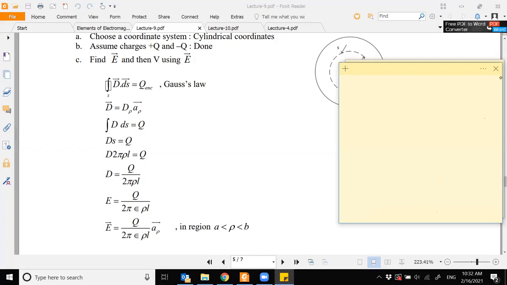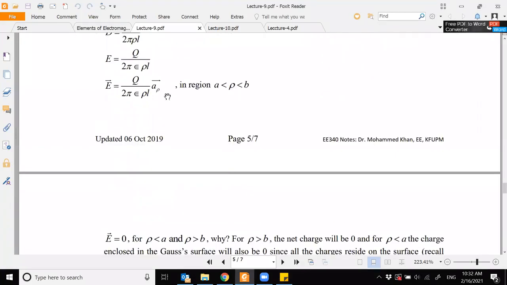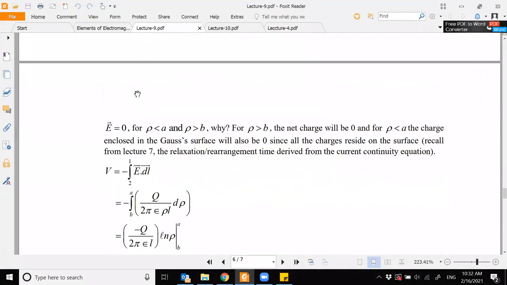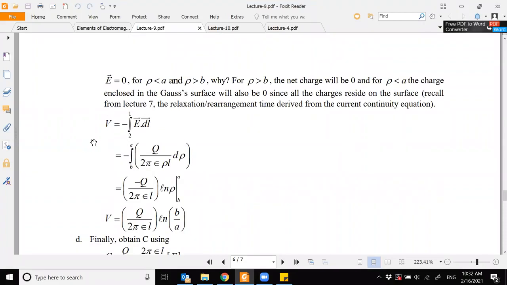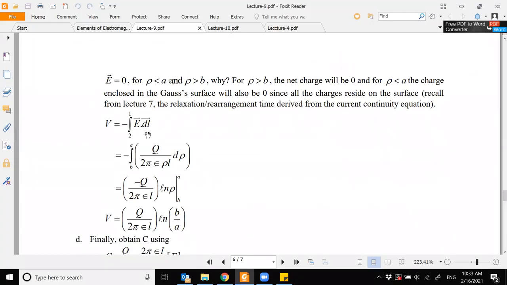And once we get the electric field, what is the next step? The next step is your potential difference, which is minus integral 2 to 1 E bar dot dl. So E bar is this one, and dl is d rho.